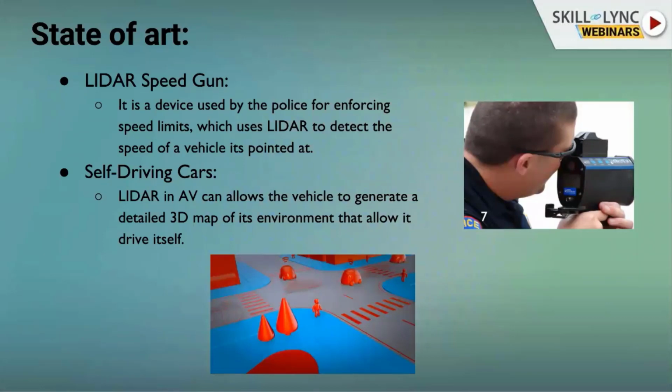But we can use this lidar speed gun in other sectors also, like in a physics laboratory or astronomy sectors, the same concept we can use. But mostly we use the lidar speed gun for enforcement purposes and getting the speed of vehicles.